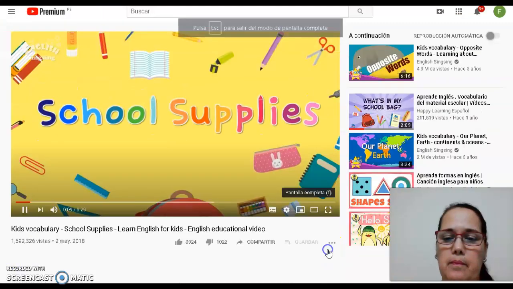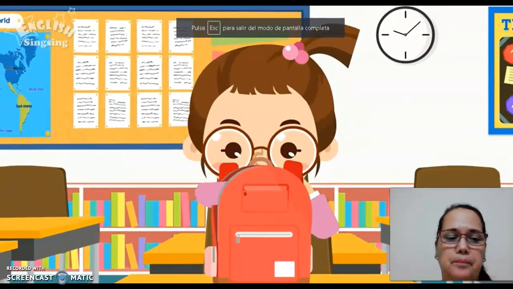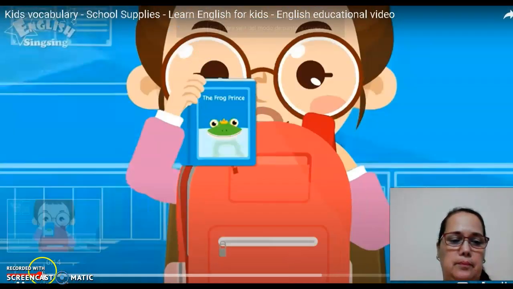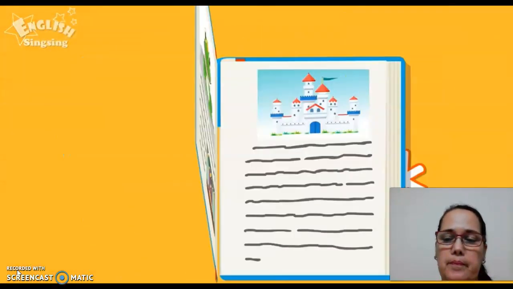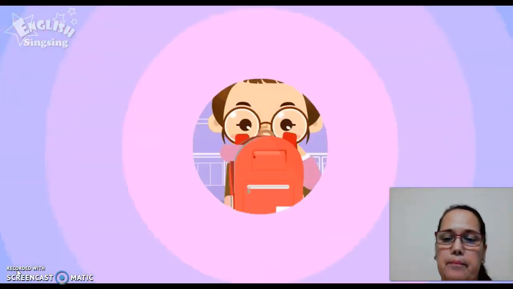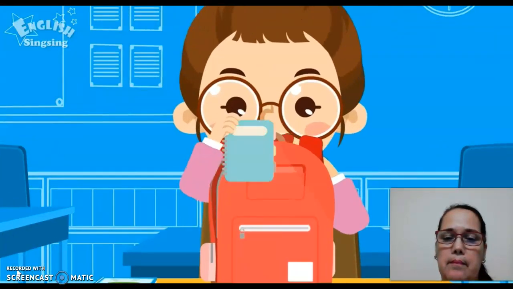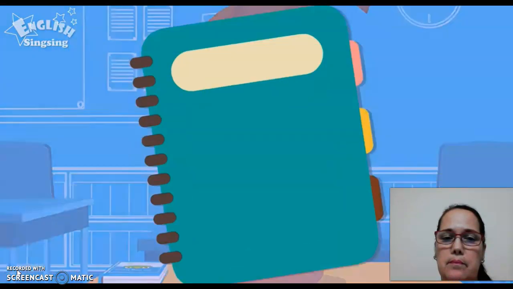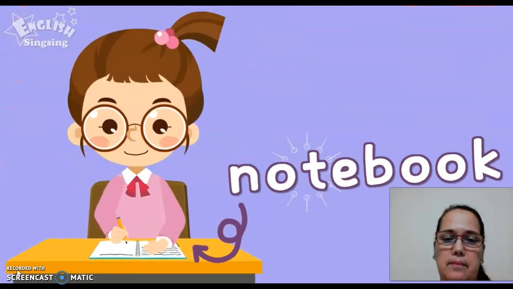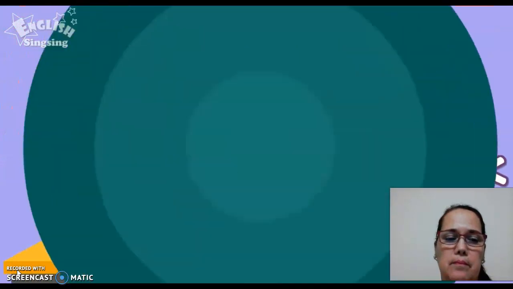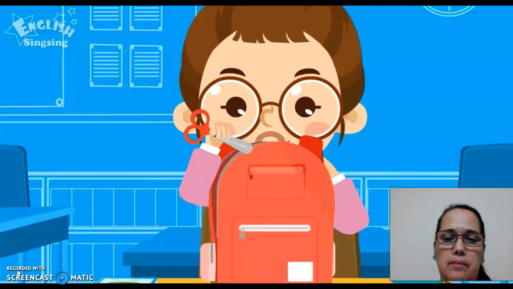School supplies. What's in your backpack? It's my book. I can read. Book. Book. It's my notebook. I can write on it. Notebook. Notebook. These are my scissors.